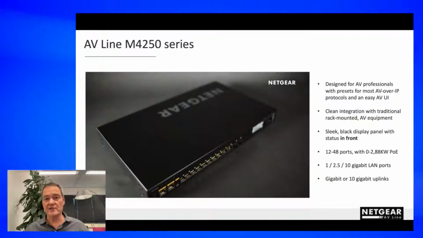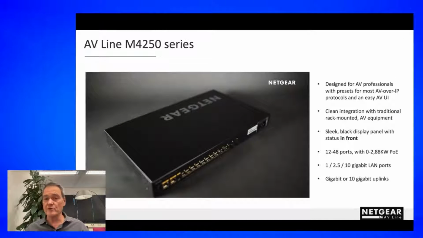So here we did it differently with the AV line M4250 line of switches. We put the connectors at the back, but indicator LEDs on the front. So while your cables are neatly hidden behind the rack, you still have your indicators in front of you. That nicely integrates with an AV setup, whether that's commercial or residential or in broadcast.